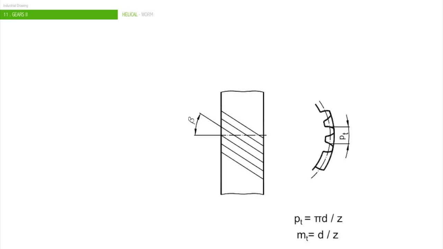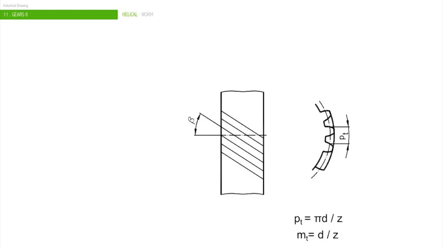Then we can get the circular pitch, which is the distance between two consecutive points on the pitch circle. So we can get a relationship.